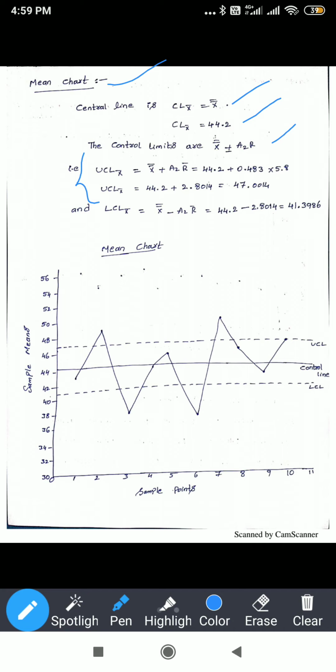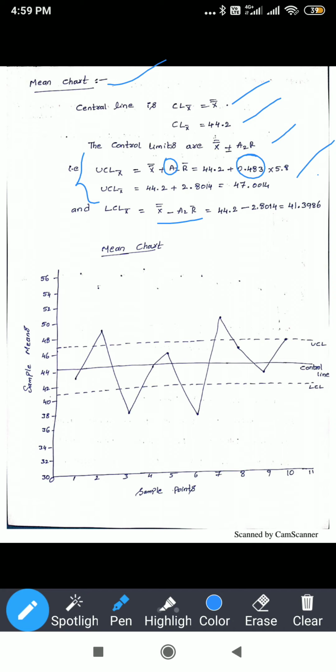UCL is X double bar plus A2 R bar, and LCL is X double bar minus A2 R bar. So the only difference between UCL and LCL is the sign. Now X double bar is 44.2 plus A2, where the A2 value is 0.483, and R bar is 5.8.